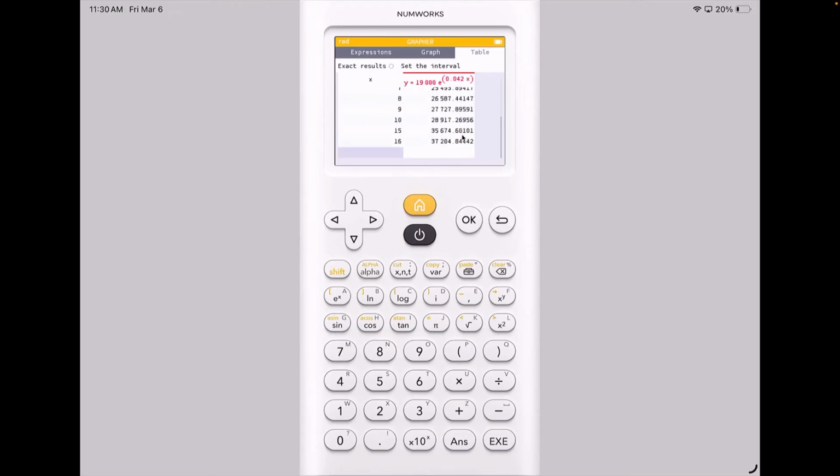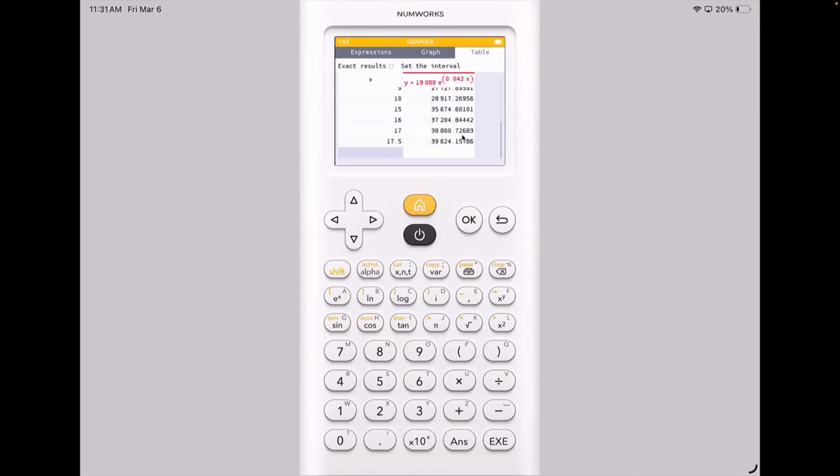Getting closer, 17. 18. 18 is when I go over 40,000. So it's somewhere between 17 and 18. Is it 17.5, 17.1? Well, we can ask the calculator that too. Let's say 17.5.